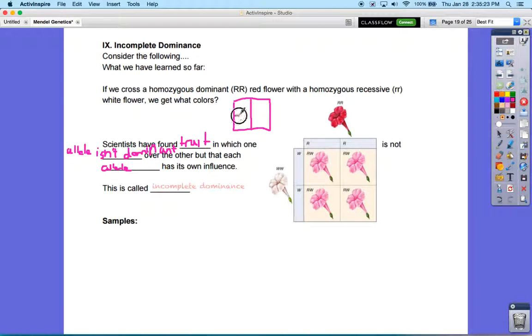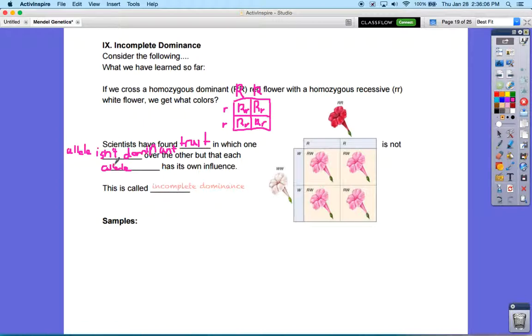If we take a homozygous dominant red flower, which is capital R, and cross it with a homozygous recessive flower, that would be white, lowercase r, the probability of the genotype being heterozygous is 100%. So 100% of the time, if we mix those two, we will end up with a heterozygous offspring.